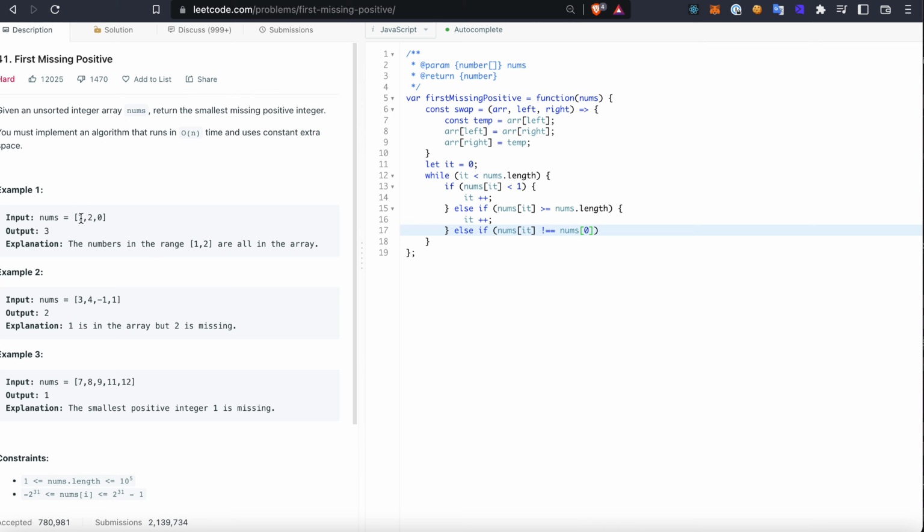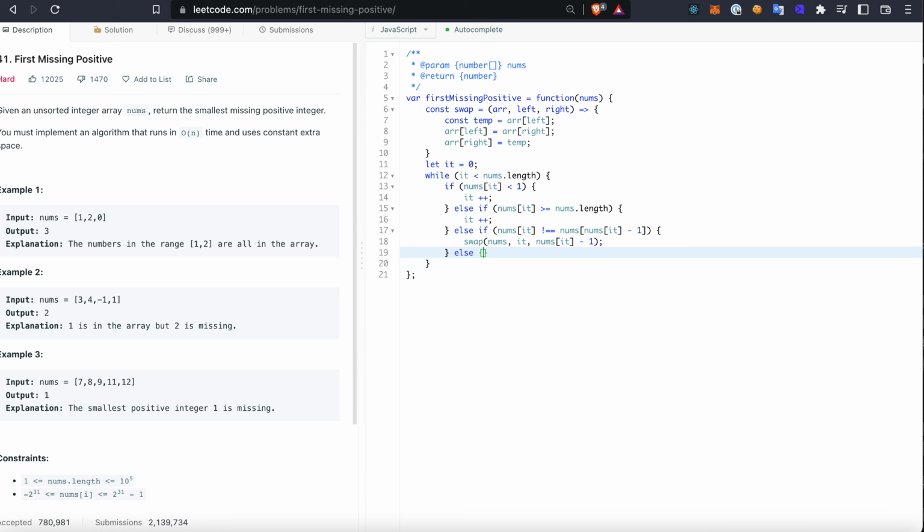So here we see that this 1 is actually at its correct location. Using a one index concept, it is at its correct location. But if it's not, we want to do a swap, nums[i] and nums[nums[i] minus 1].